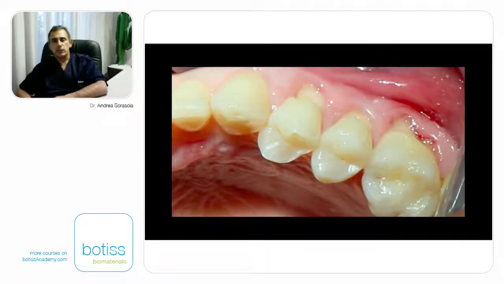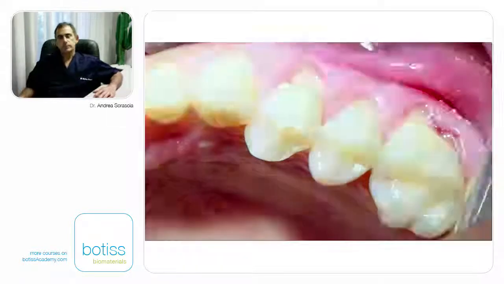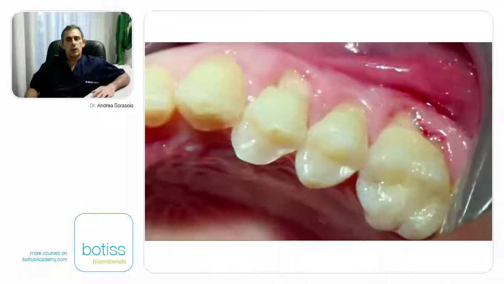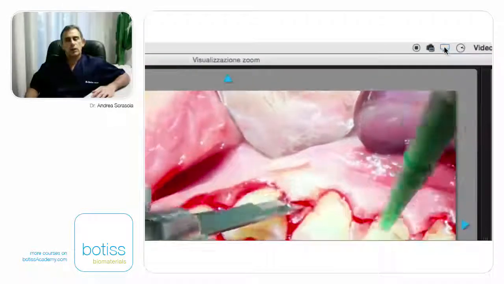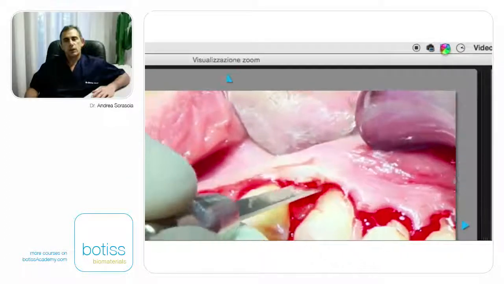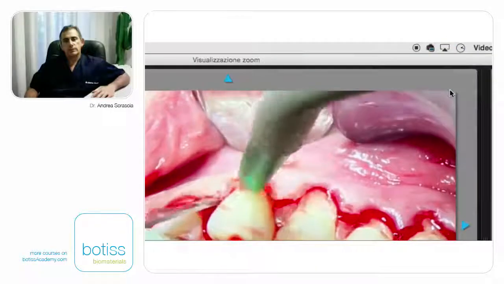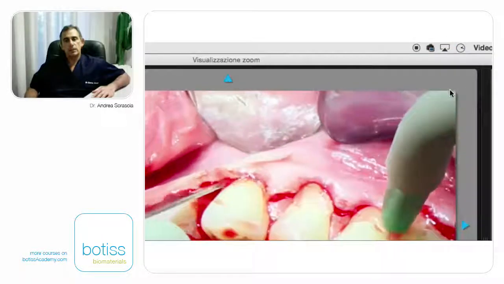Clinical case: a 40-year-old woman with multiple second-grade recessions with severe abrasion. This is another video of the surgery. So I did the incision with the split flap technique.